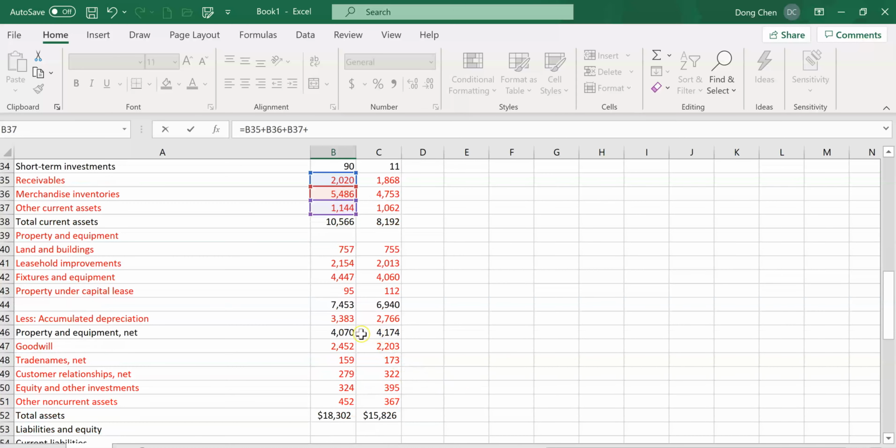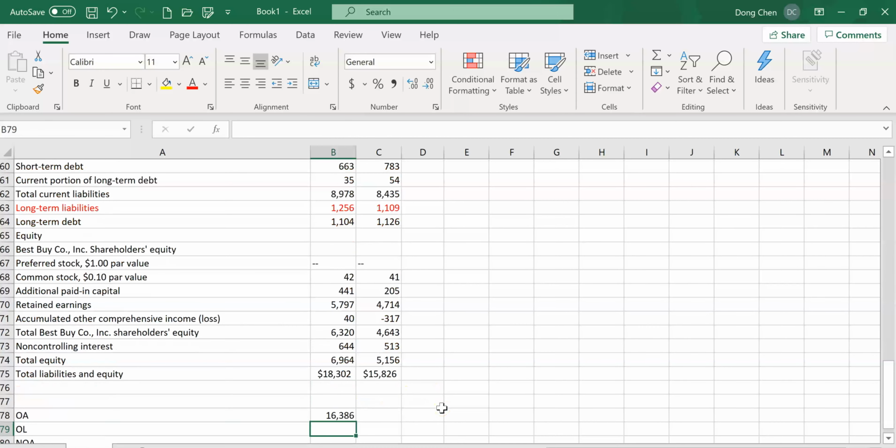So we can just sum up this final term, the net PPE. And then goodwill, and then trade names net, and then customer relationships, and then equity and other investments, and then other non-current assets. So we're done with the asset side.